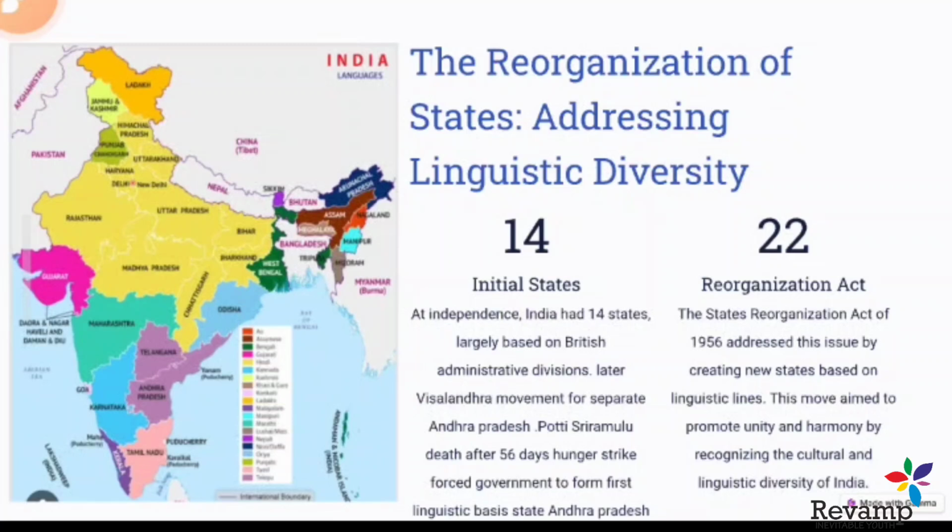After all this, a lot of agitation and demands were started by territorial representatives for their own state, on a linguistic basis or a religious basis. So this is how state demands started. Earlier, in the Nagpur session of Congress in 1920, the linguistic basis for reorganization of states was not followed.